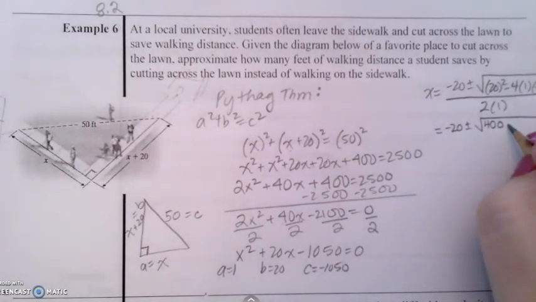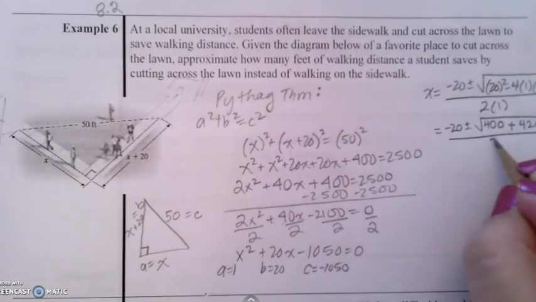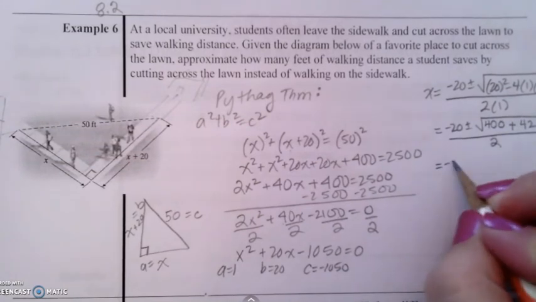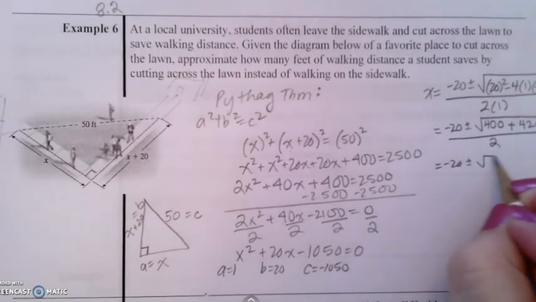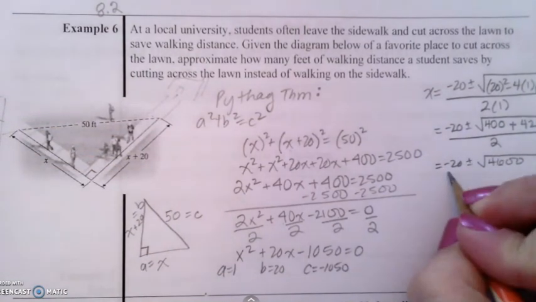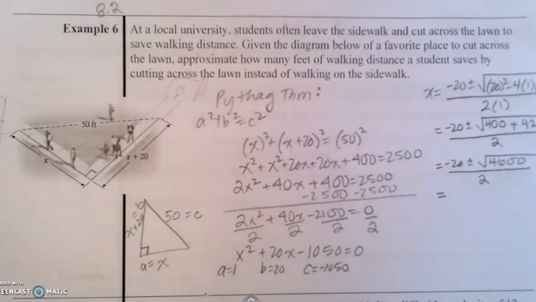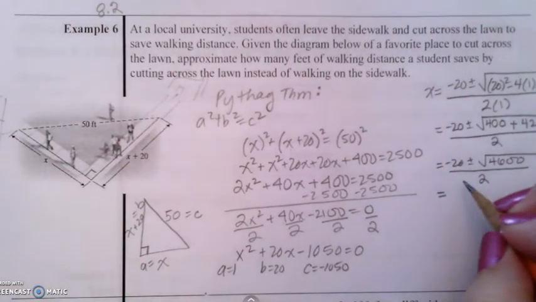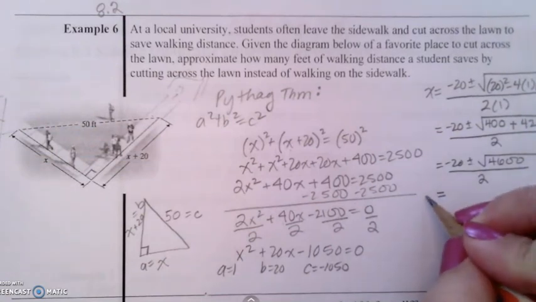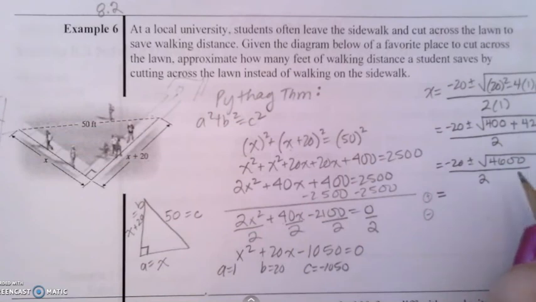Negative times a negative is a positive, 4200, divided by 2. Negative 20 plus or minus the square root of 4600, divided by 2, equals, okay, so from this point we would split this into the two cases, the plus case and the minus case, and substitute that into the calculator.